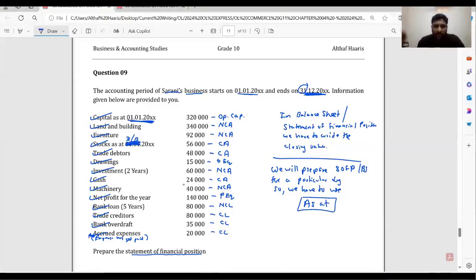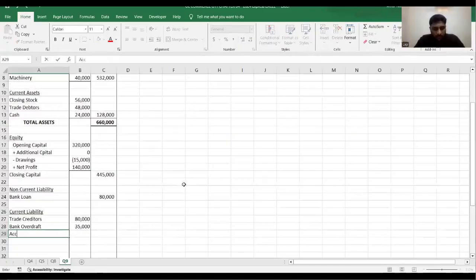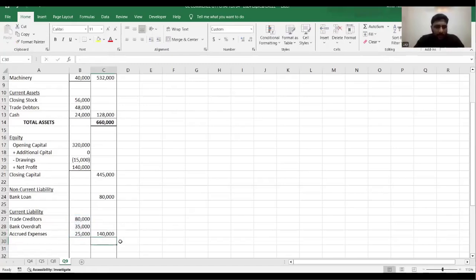So we have ticked everything. Total current liabilities 140,000.